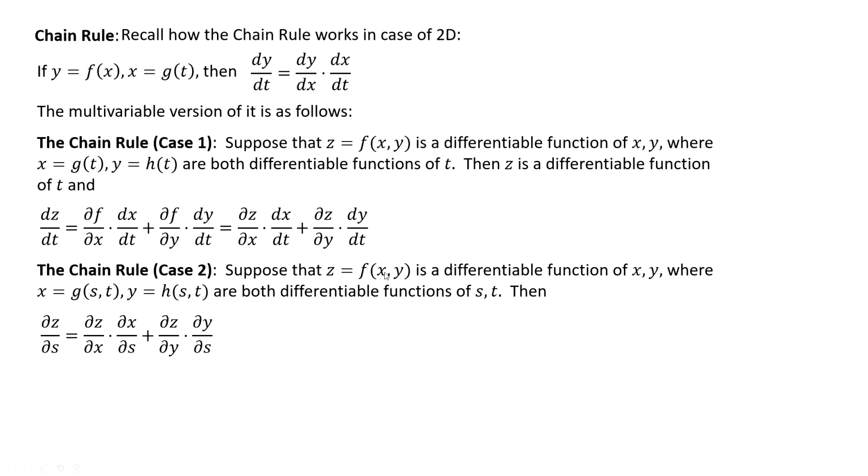Because z happens to be a function of x and y. But what's up with this partial x with respect to s? Yeah, that's also obvious because x happens to be a function of two variables, s and t. So we use partial x with respect to s. That's all there is to it. Okay. And similarly, partial z with respect to t is this.